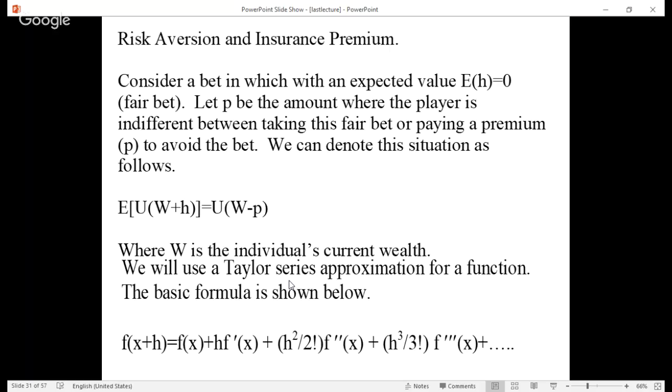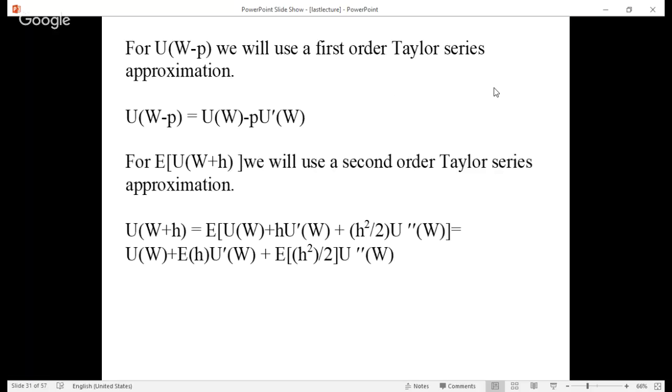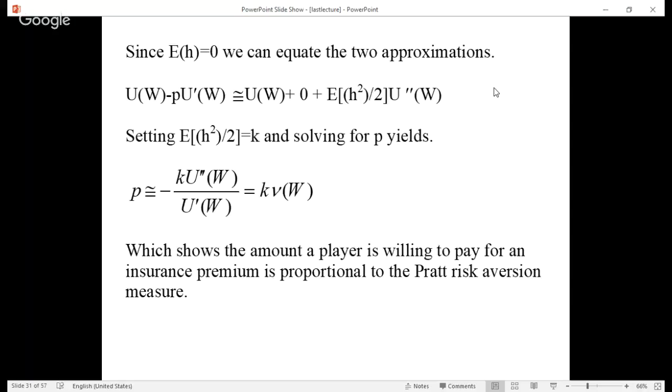Now, if you remember, we assumed, because it's a fair bet, that the expected value of h was 0, right? So taking that fact that the expected value of h is 0, I basically equate the two Taylor series approximations. So this is approximately equal to this.